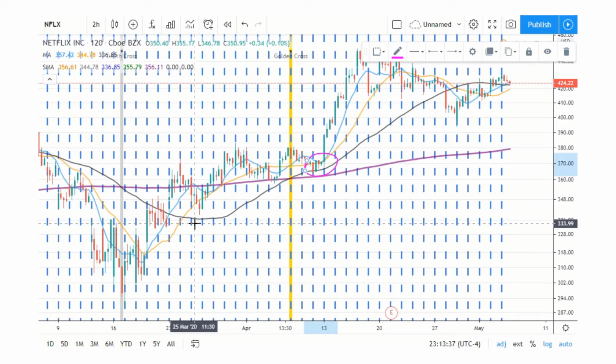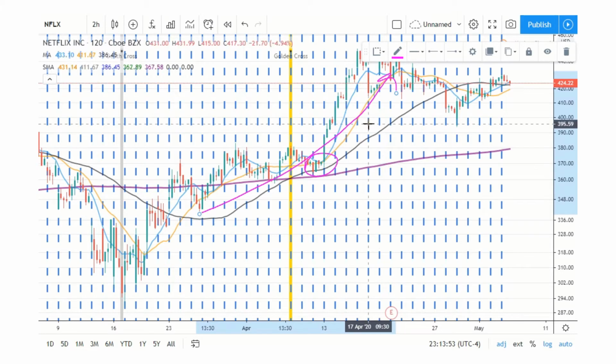You notice how the stock started going up. So when the 50 period moving average goes above the 200 moving average, that's the time to think about entering a call trade because your stock is going to be moving up.